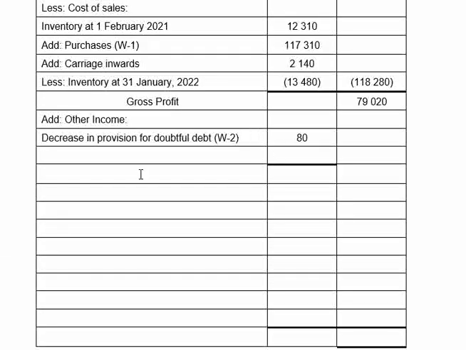So we'll take it here, rent received, or you can write rent income. So this is 6,000, right? And you have calculated this amount by making working 3. This is like this. So here we have this 6,080 done.